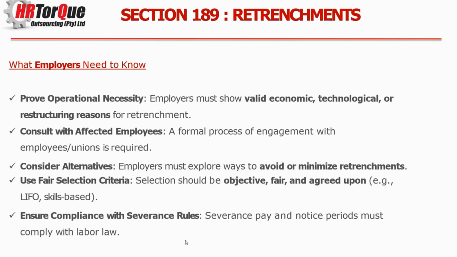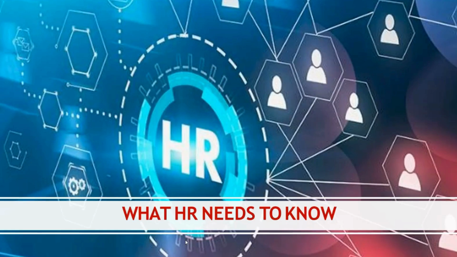This includes identifying the affected employees, drafting the Section 189 notice, and planning how communication will be handled. During the consultation process, HR must ensure that meetings are conducted respectfully and that employees are given every opportunity to ask questions and make suggestions. After the process is complete, HR should provide support, if they can, to the affected employees to ensure all legal requirements have been met and help the organization move forward.